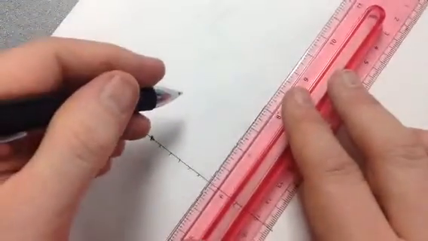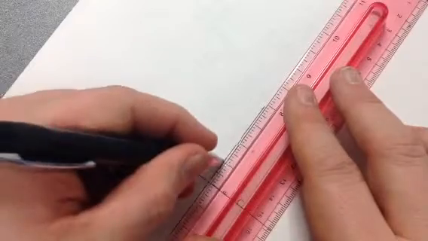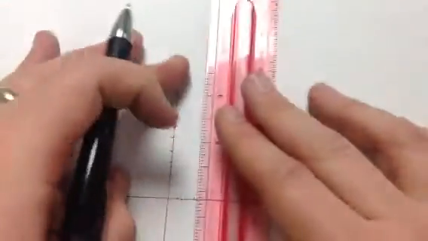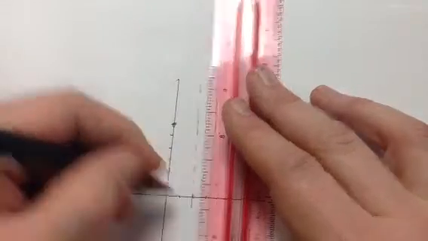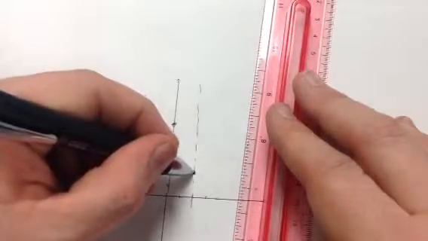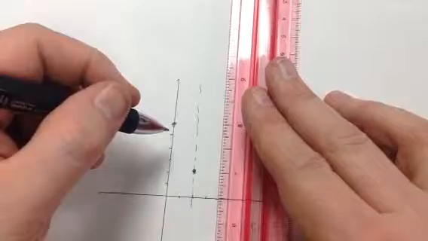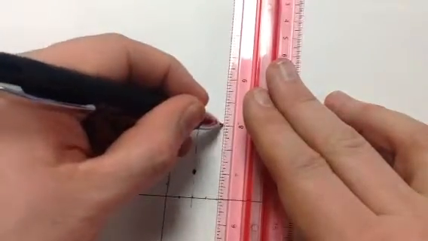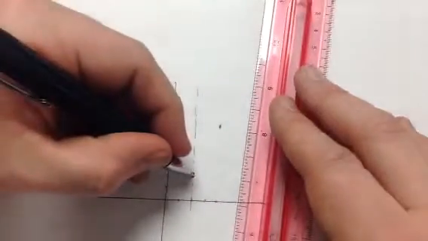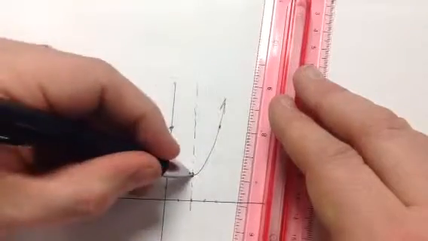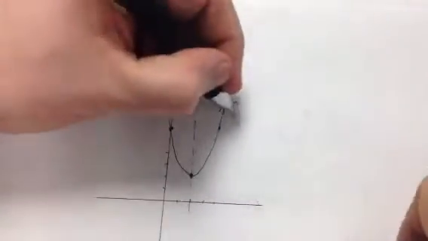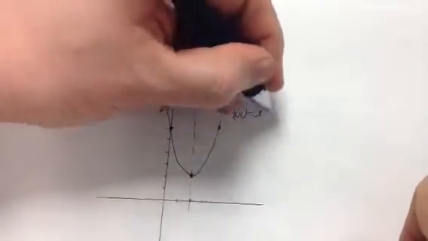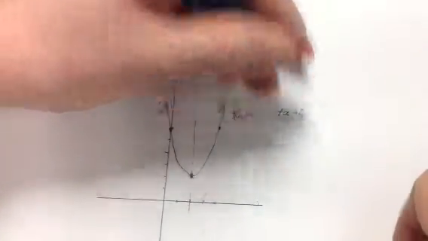The axis of symmetry at x equals 2. The vertex at 2, 2. Bonus point 4, 6. And that is enough information to get a high quality parabola. f of x equals x squared minus 4x plus 6.